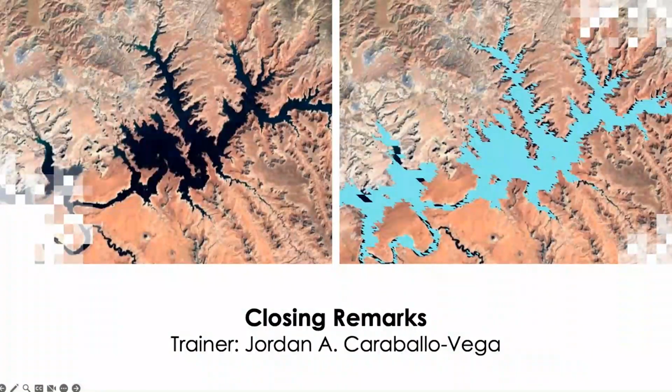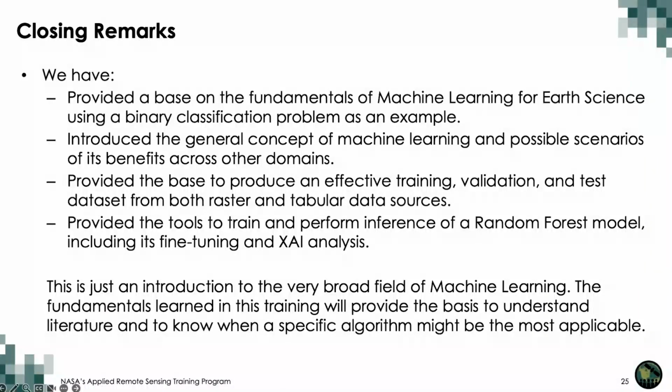Now, to provide an overview of what we have been discussing across all 3 sessions, we first started by defining what machine learning is and how machine learning can benefit earth science. We also provided examples of how machine learning has been used in earth science and has successfully replaced some of the workflows that we just didn't have in hand with traditional algorithms. Some of these could be land cover.